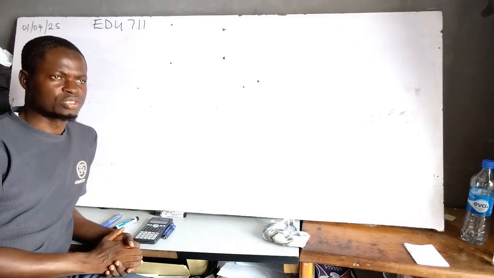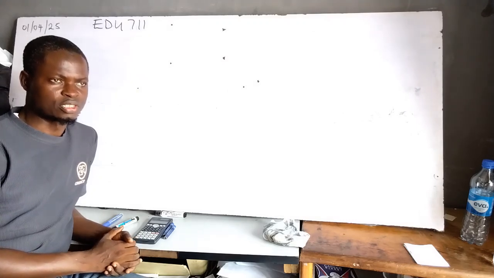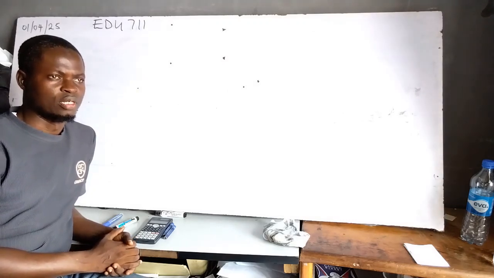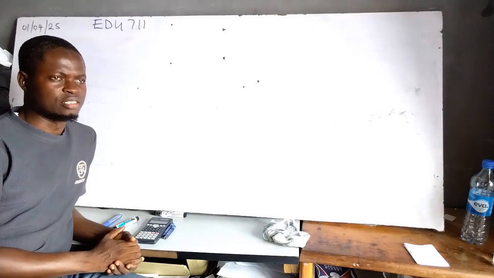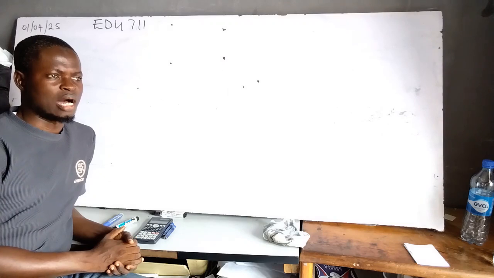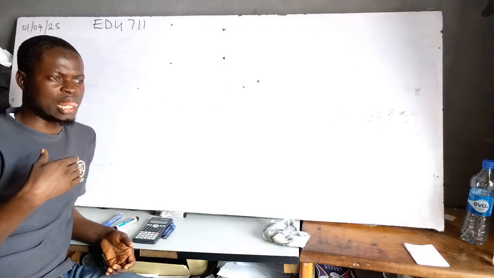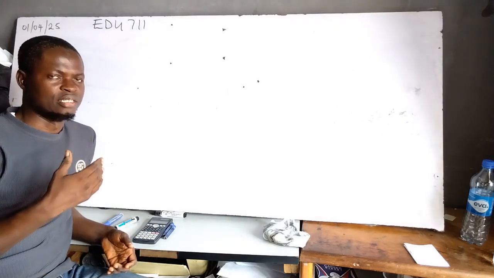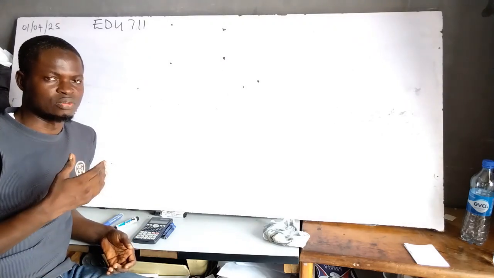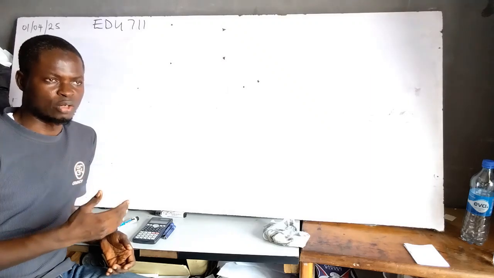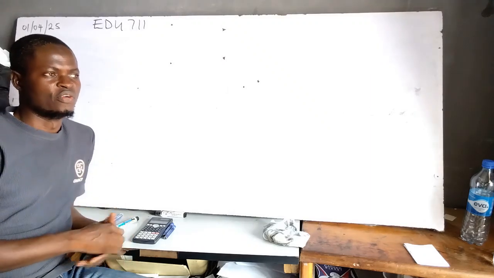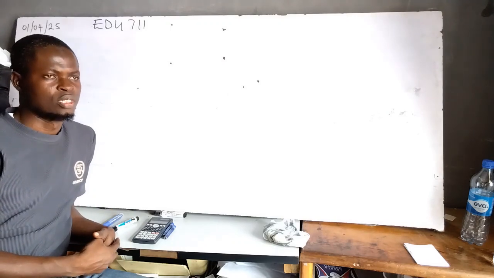from questions some of our colleagues have asked in the physical tutorial classes, and that is how do we identify the particular test we are supposed to carry out for a given question.